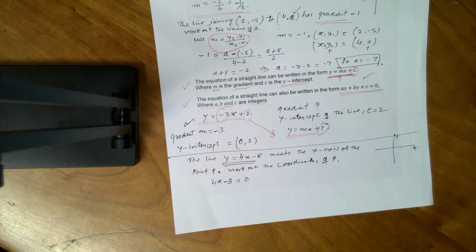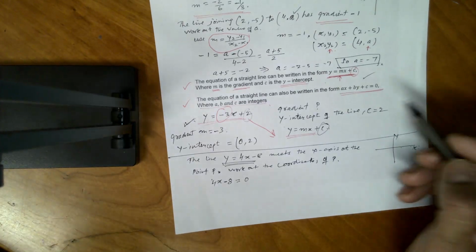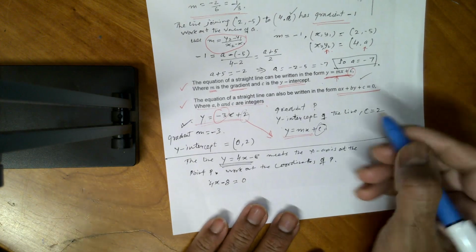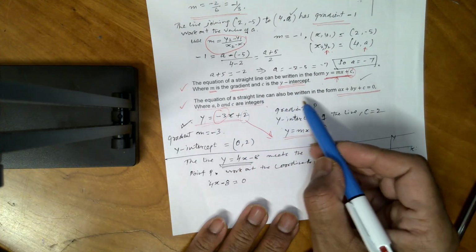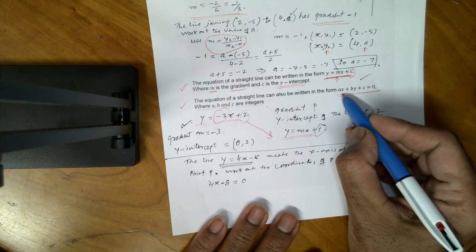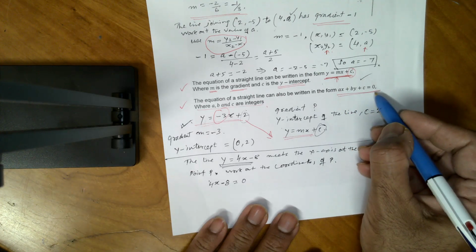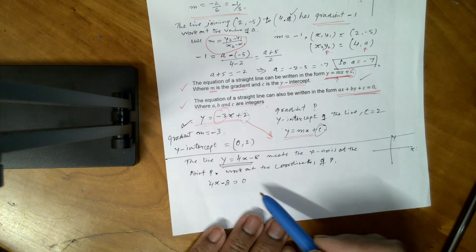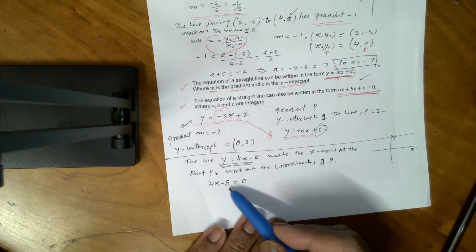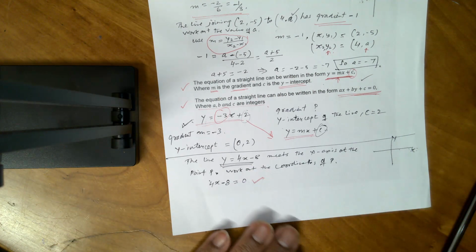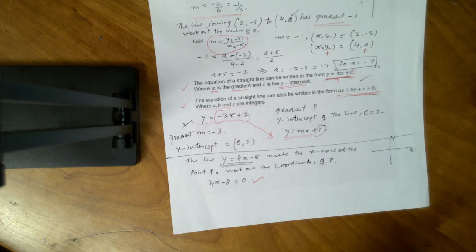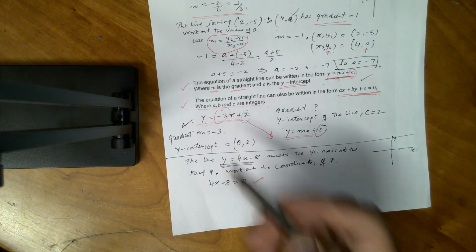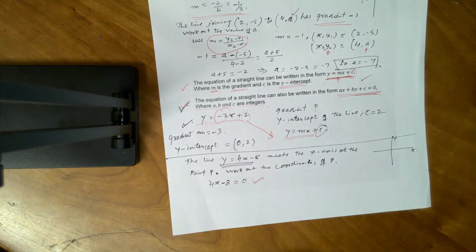You need to rearrange the equation into the form we talked about, where the equation of a straight line can be written in the form ax plus by plus c equal to 0, where a, b, c are integers. So this is exactly what we're doing here, and this is what we're applying.